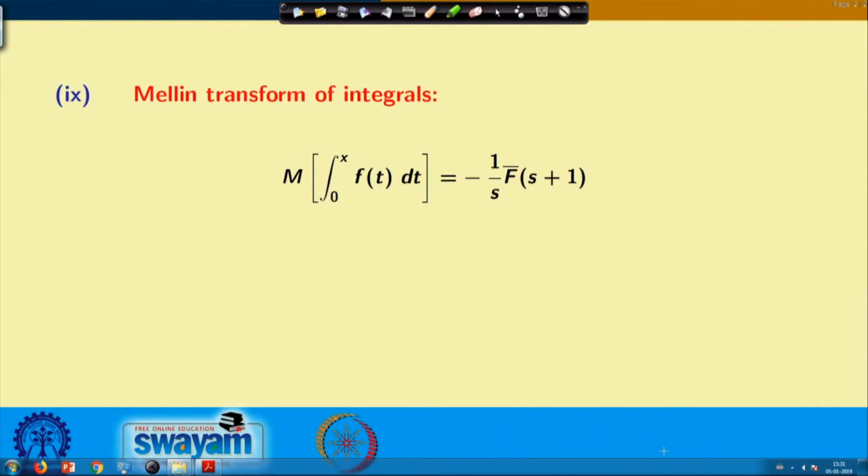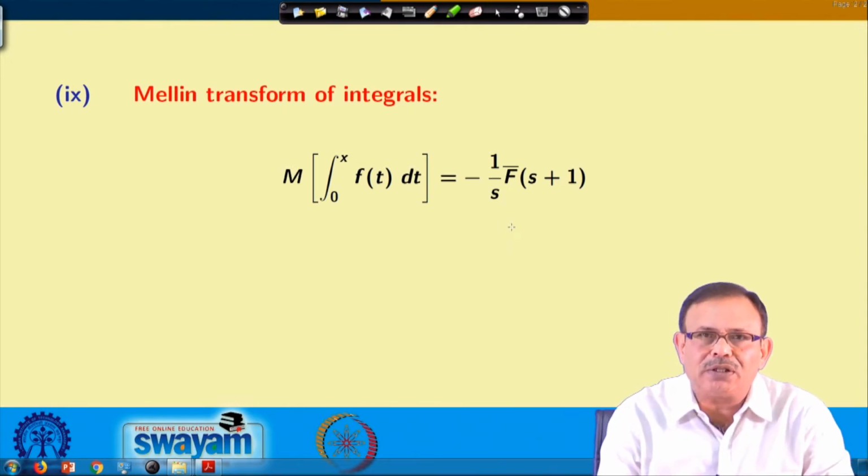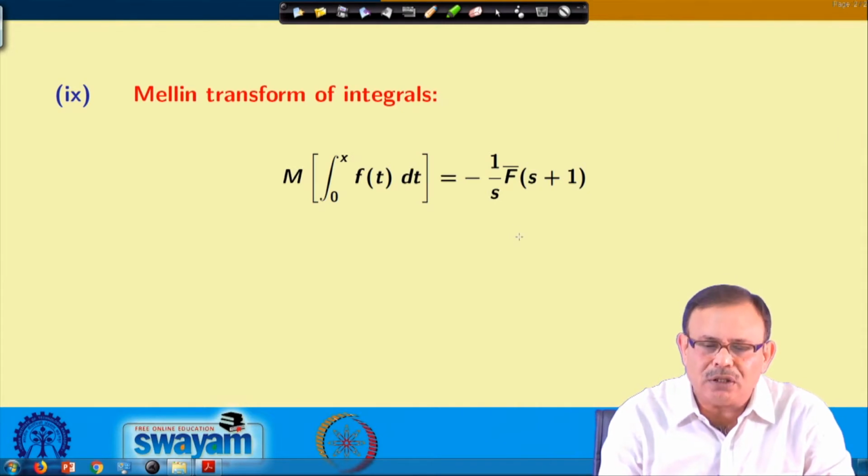The first property is on the Mellin transform of integrals, that is, the Mellin transform of the integral from 0 to x of f(t) dt. This is equal to minus 1 by s times f bar of s plus 1.